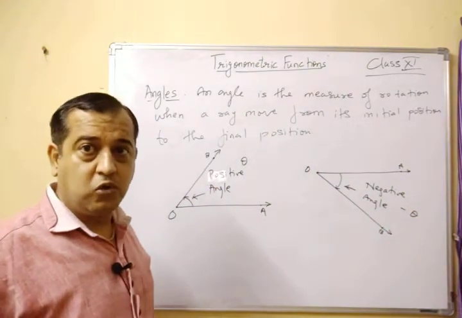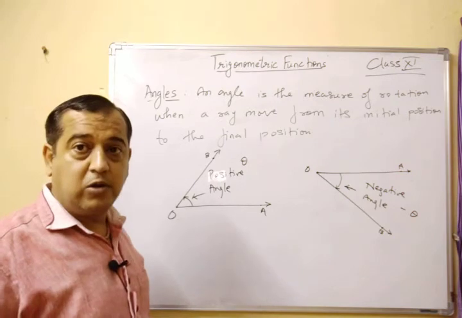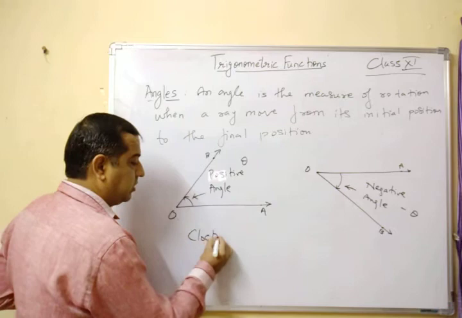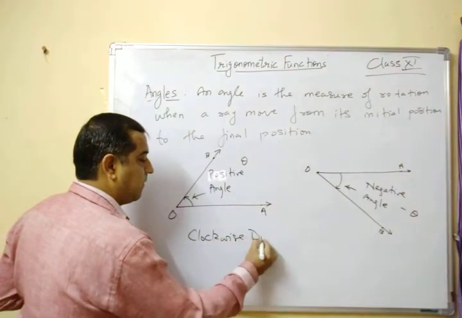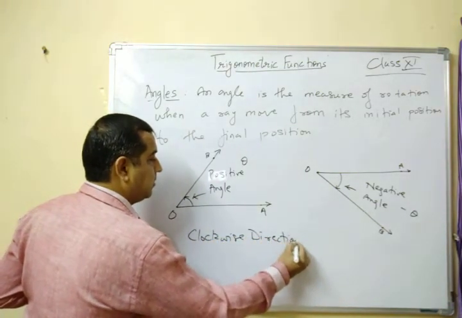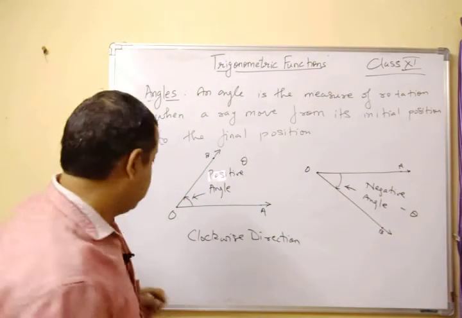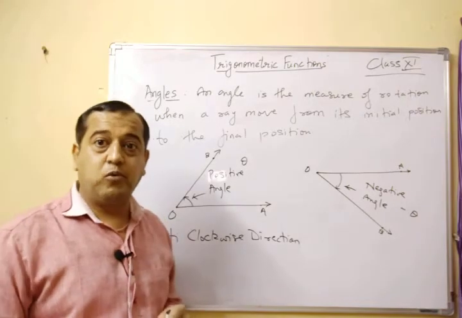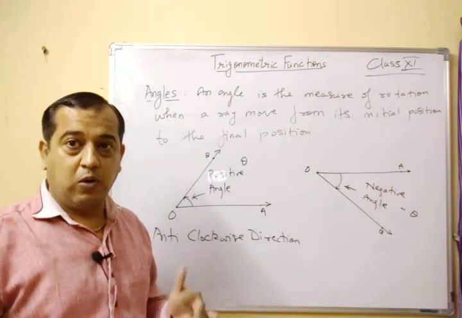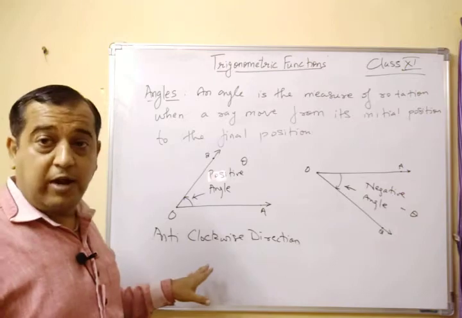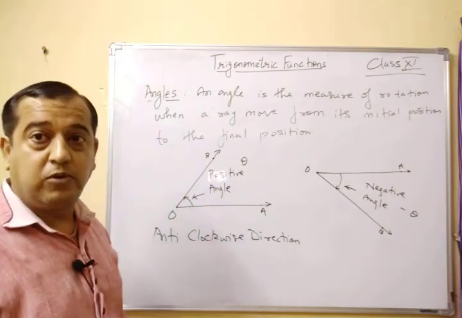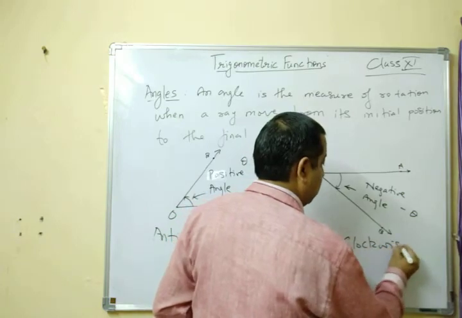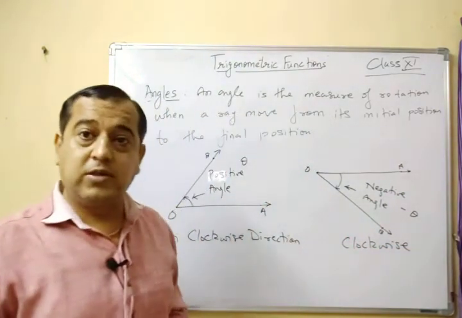So the positivity and negativity of the angle depends on how the rotation is taken. If the rotation is taken in anti-clockwise direction, the direction opposite to the way the hands of a clock move, then the angle formed is positive. If the direction is clockwise, then the angle formed is a negative angle.